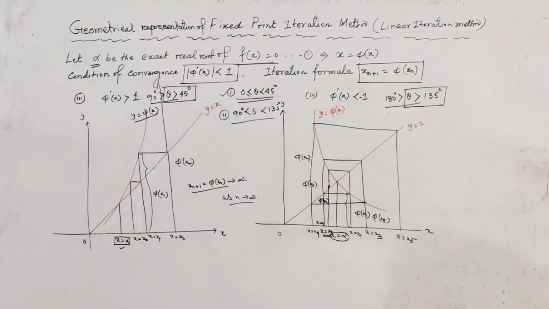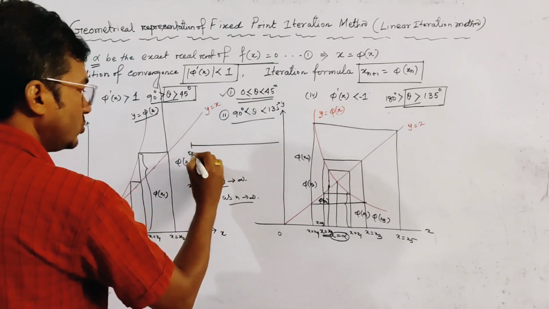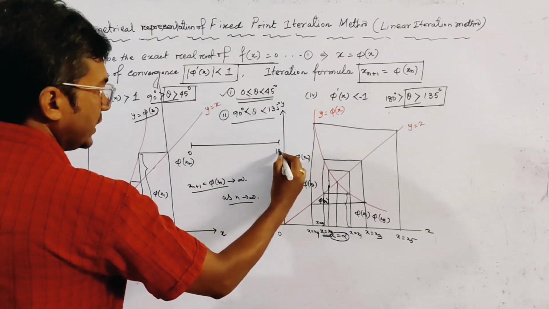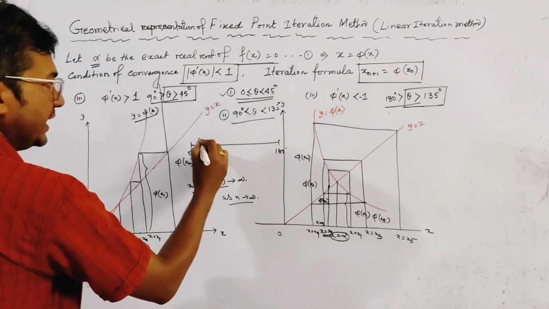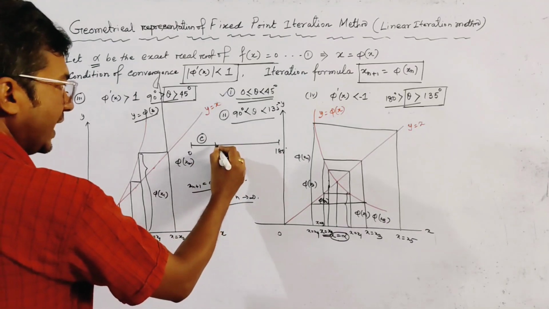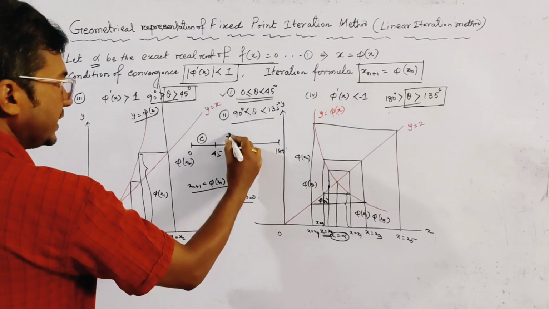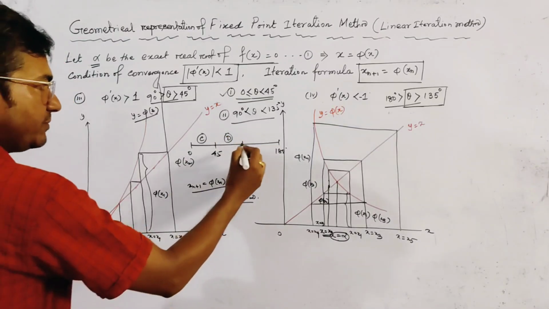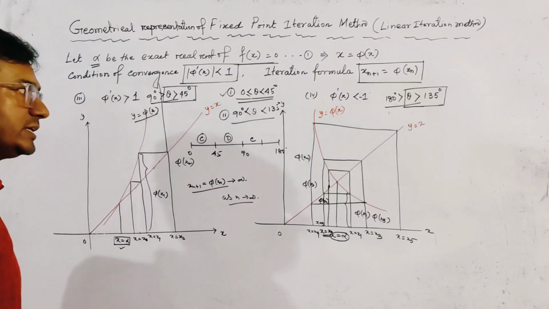Okay, so in the whole range from 0 to 180 degrees, if 0 to 45, then this is a convergent case, and if the angle is 45 to 90, then this is a divergent case. And if 90 to 135 degrees, then again a convergent case.